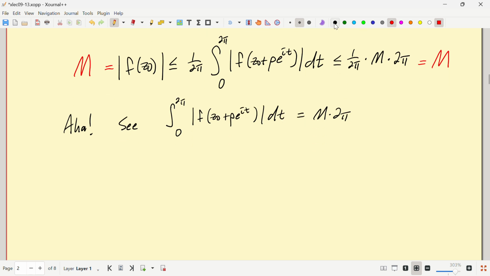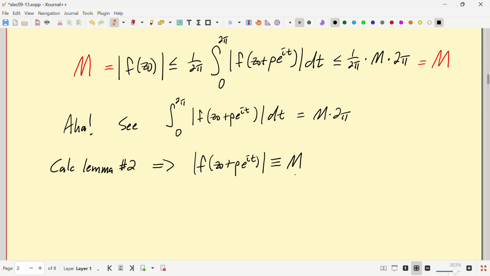Okay, so my calculus lemma number 2 implies that the modulus of f of z naught plus rho e to the it is constantly equal to m for 0 less than or equal to t less than or equal to 2 pi.